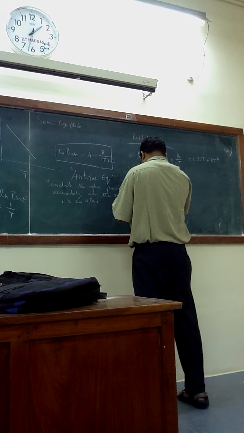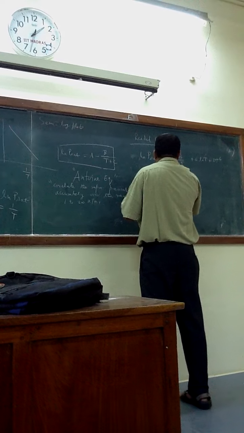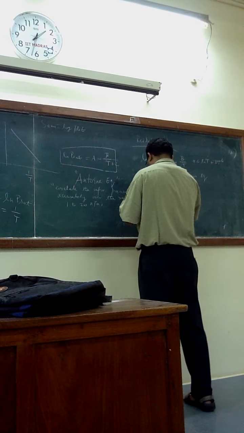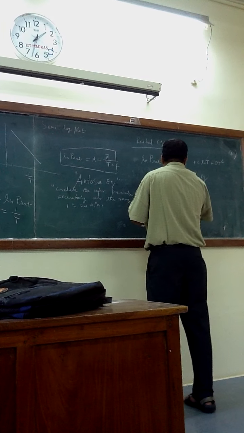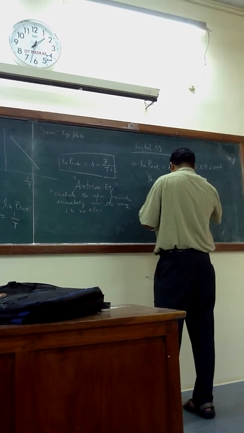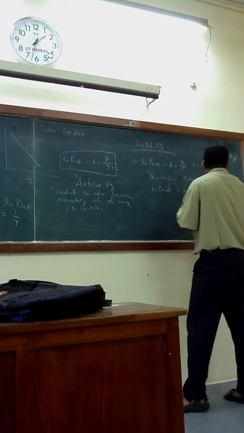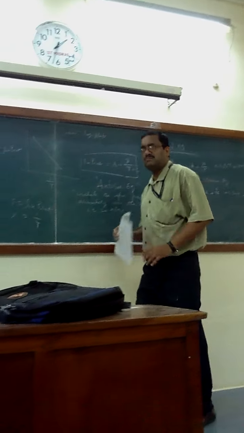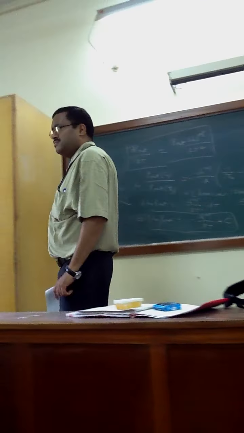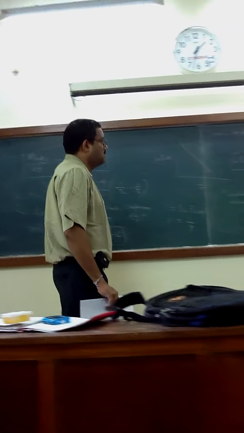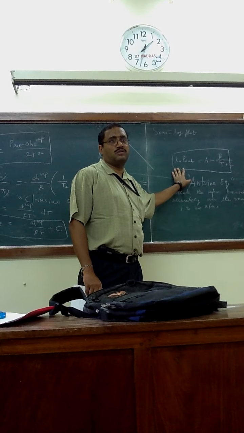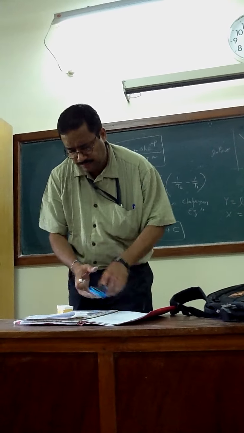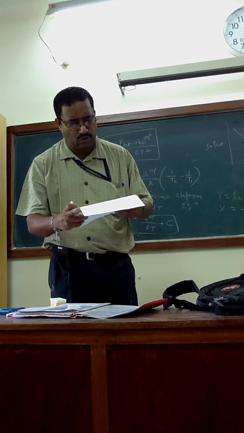Hard bond equation: ln P sat equals A plus B by T plus C ln T plus D P sat by T square. Okay, the higher order equations are most commonly acceptable. You all use an end-to-end equation. Now we will go to the assignment problem to apply the Clausius-Clapeyron equation.